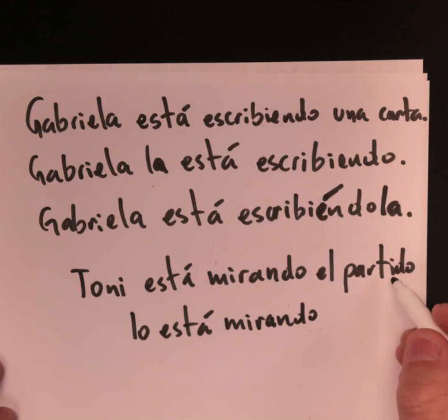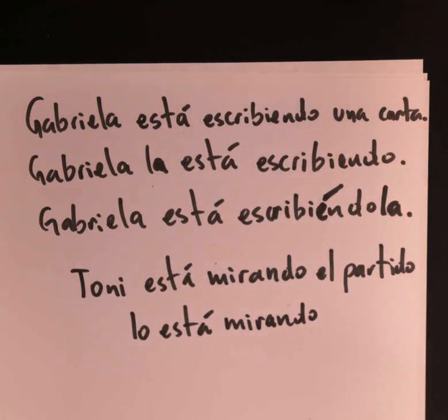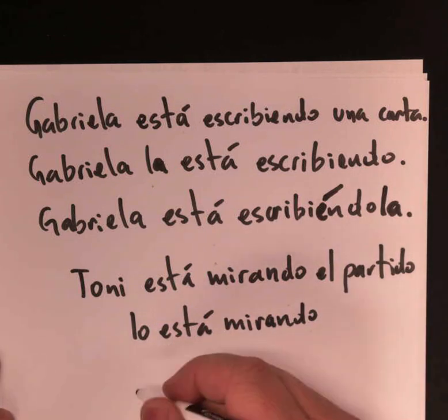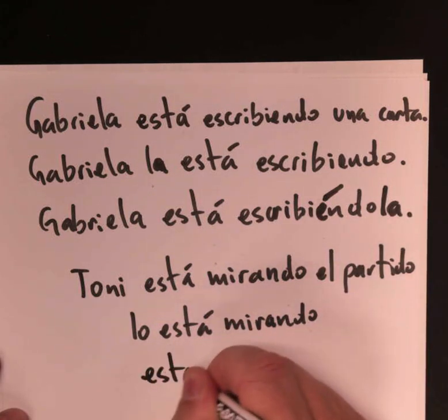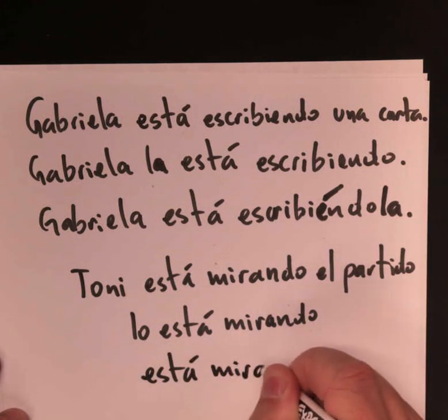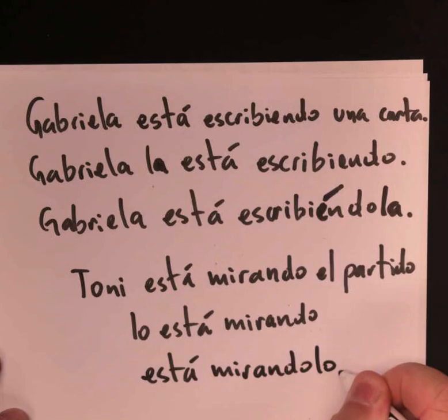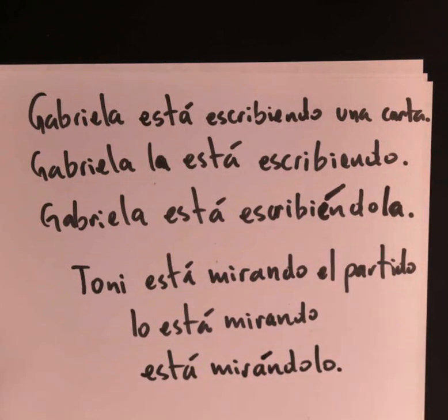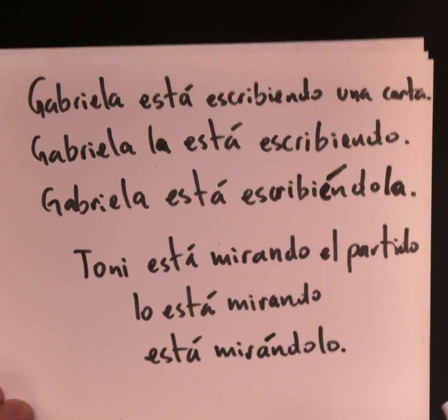We don't use the word partido anymore because lo has the word partido. Or we can say Tony está mirándolo. Okay? And we put an accent mark on that one.